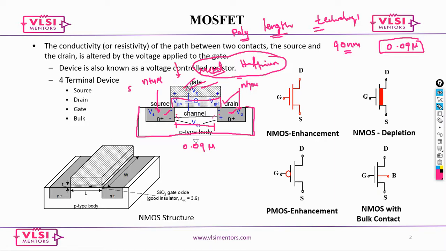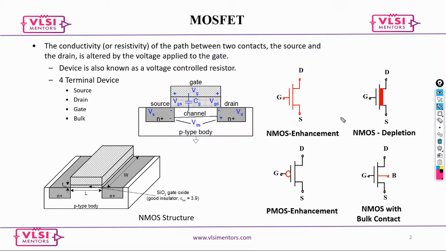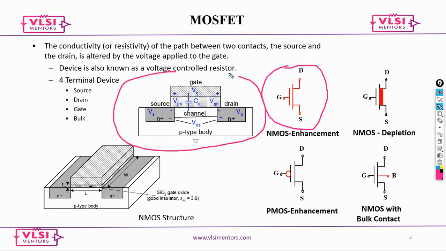This is how the cross sectional view would look in the silicon. This is the basic MOS schematic, and this is how it would be in the silicon.